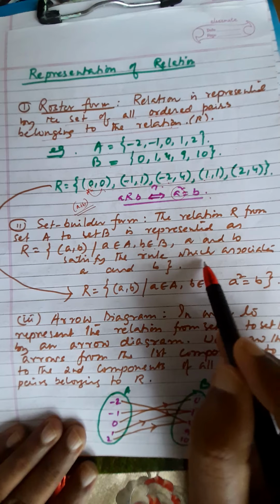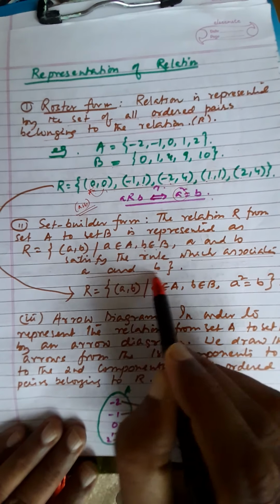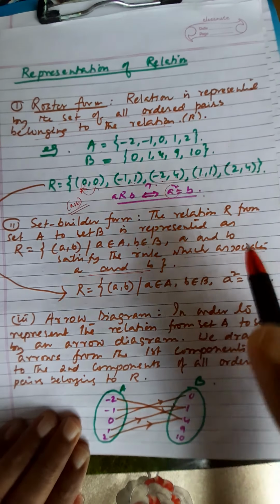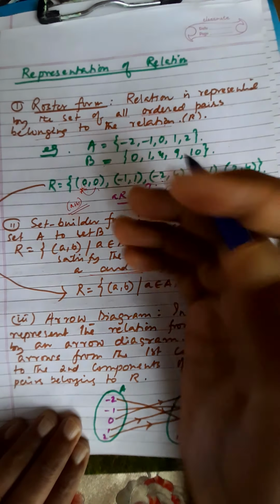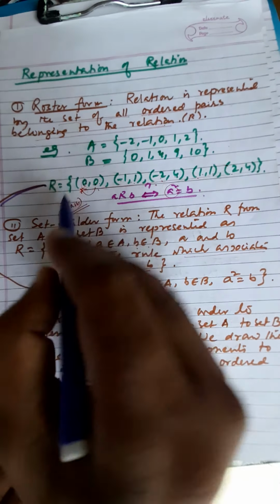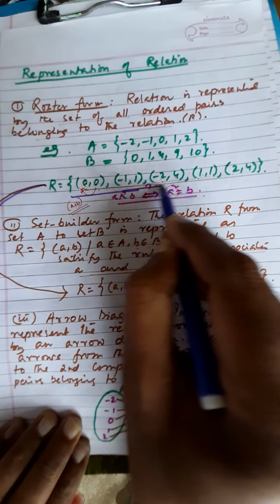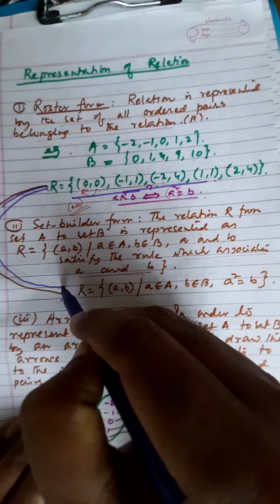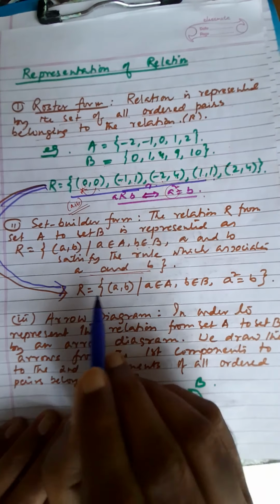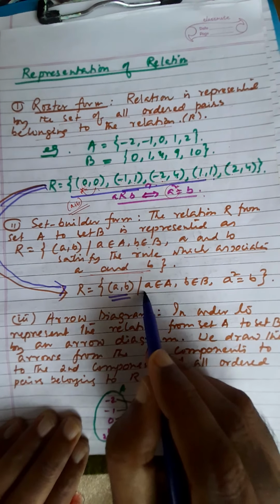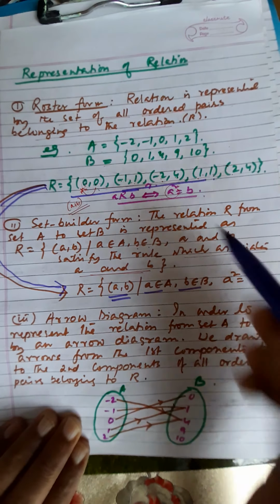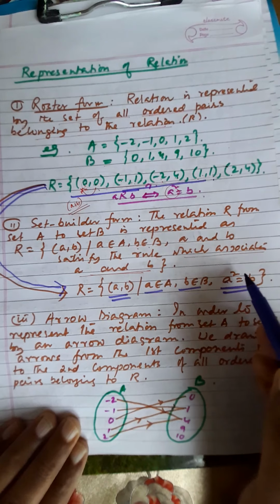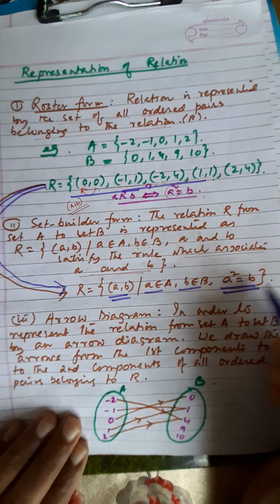Now this one was written in roster or tabular form. If we are asked to write it in set builder form, how do we write? (a, b) such that a belongs to A, b belongs to B. What is the condition? a square is equal to b. In this way a and b are associated.